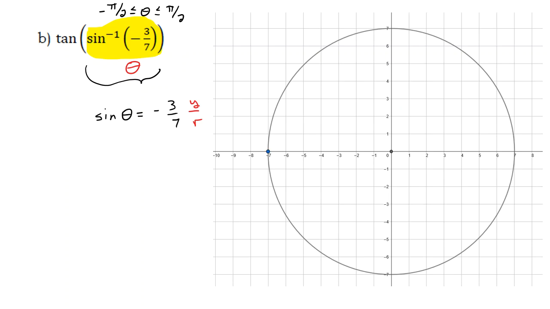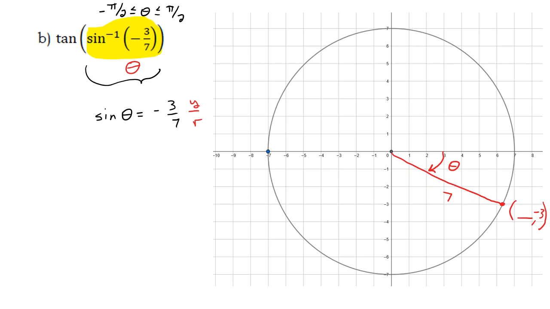If I go to y equals -3, that's going to be about right there. So I've got some x value, appears to be a little bit bigger than 6, and a y value of -3, and then this radius is 7. So I know that this angle, theta, has a sine of -3/7.